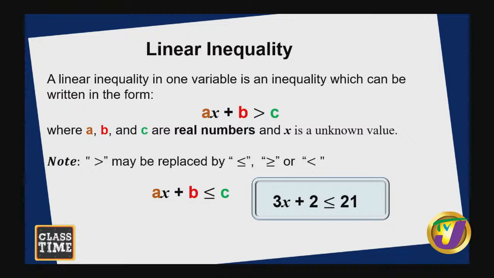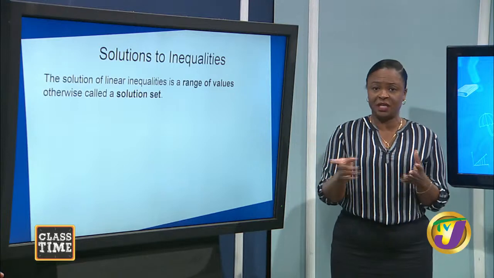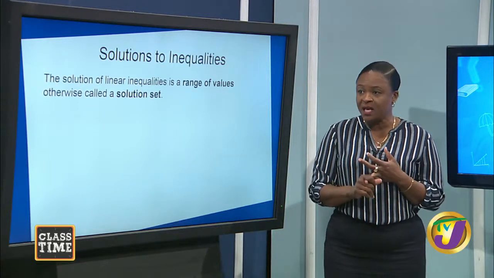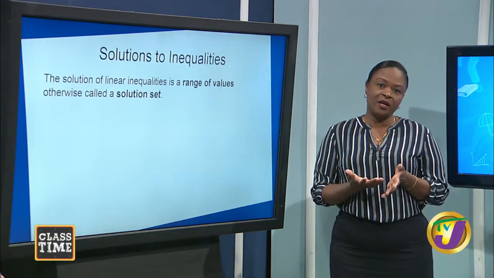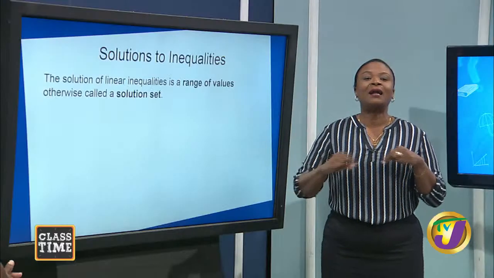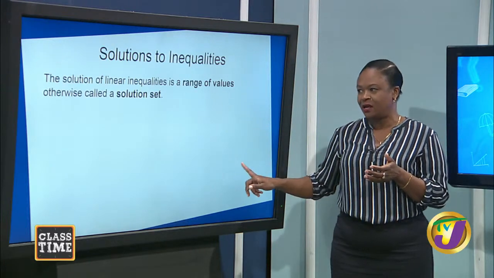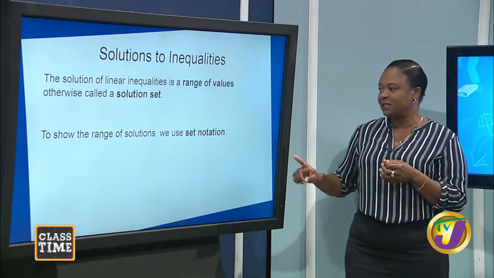So the solutions, working with those examples, and now we understand and can appreciate the symbols and what they mean and how linear inequalities are represented, we're going to look at the solutions. The solutions for linear inequalities is a range of values, a set from one start point to another, otherwise called a solution set.